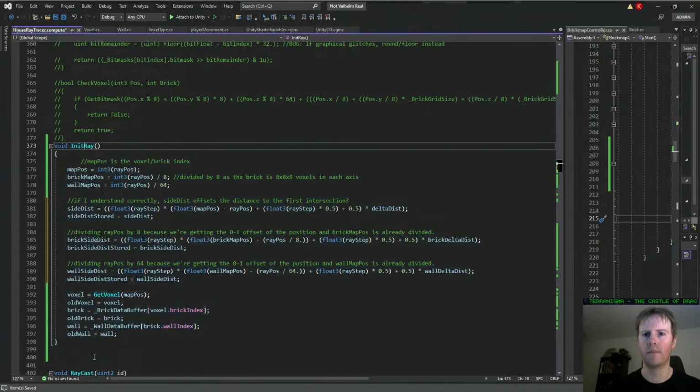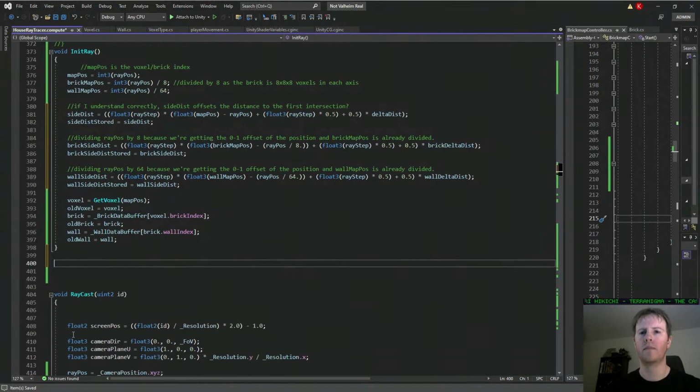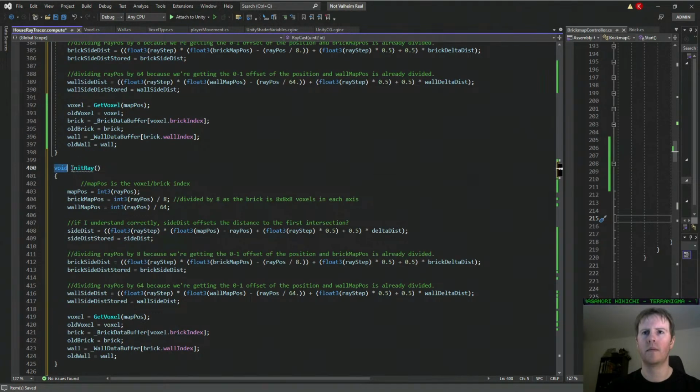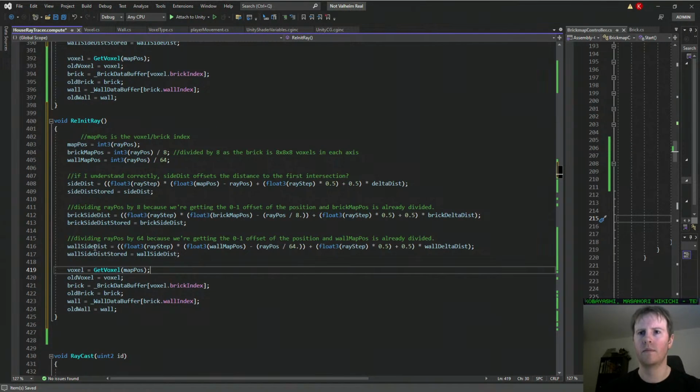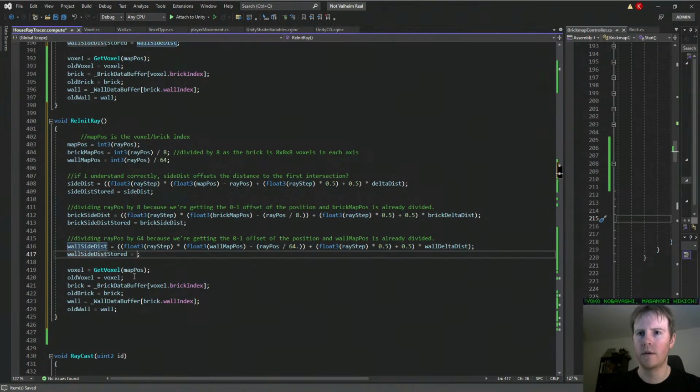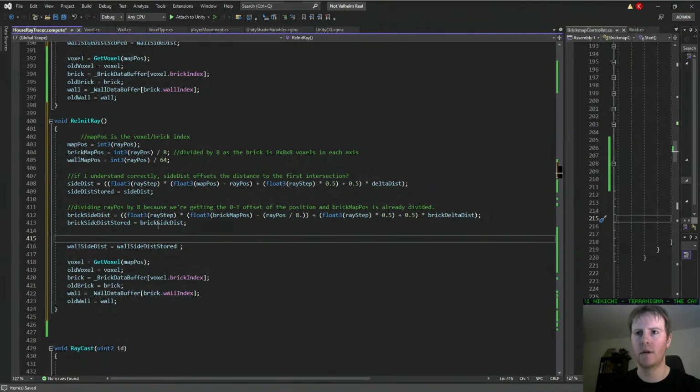Let's try this. And then here we set wall side dist equal to wall side dist stored. But this makes no sense.